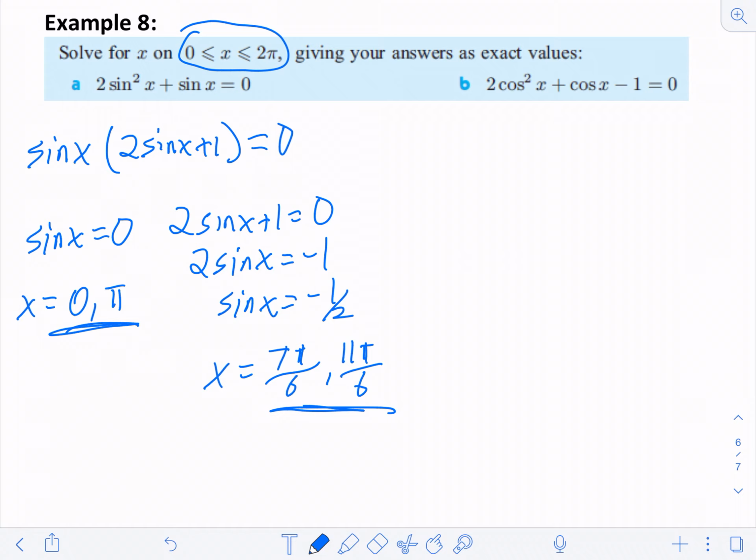What about this? What if we have a quadratic where we have 2 cosine squared x plus cosine x minus 1 equals 0? Let's try this. I'm going to do a substitution here. u is equal to cosine x. Then wouldn't this be 2u squared plus u minus 1 is equal to 0?